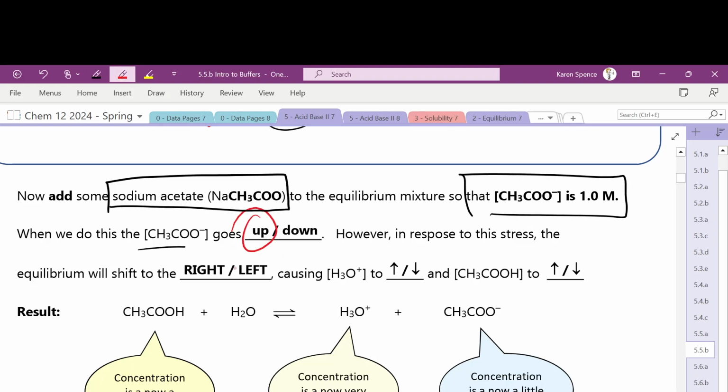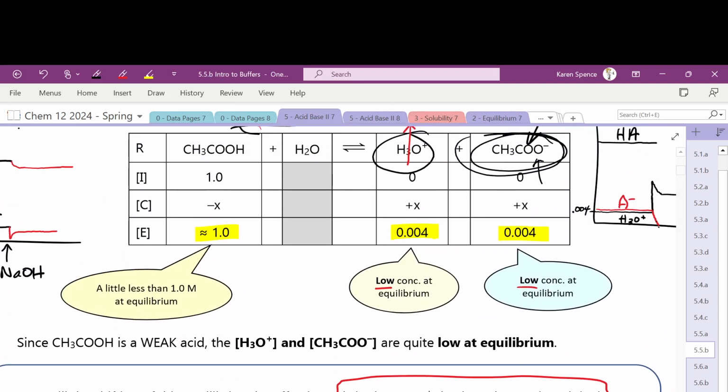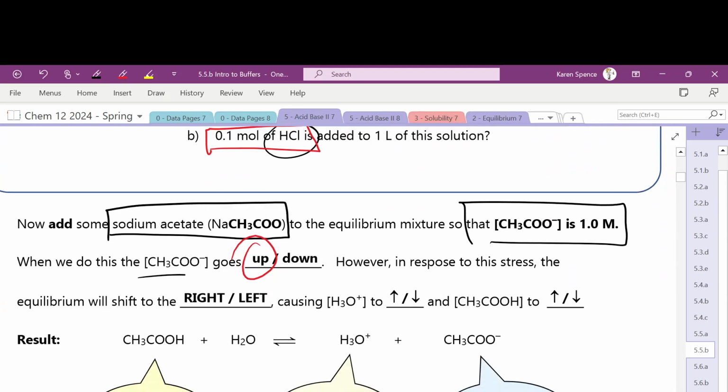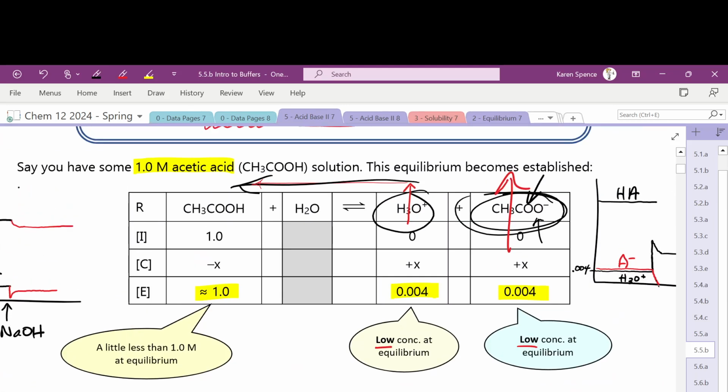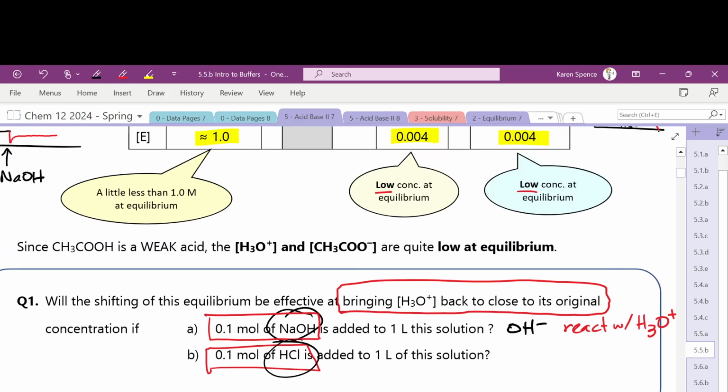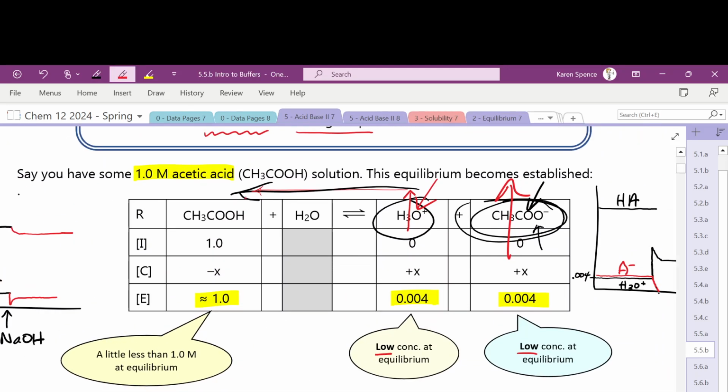In response to this, the equilibrium will shift to the left. And if it shifts to the left, what has happened to the hydrogen ion concentration? It has decreased. So the hydrogen ion concentration has decreased, and the acetic acid has increased.